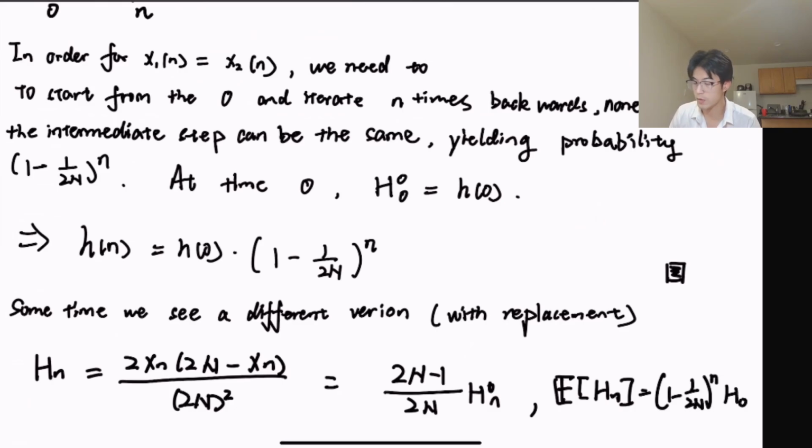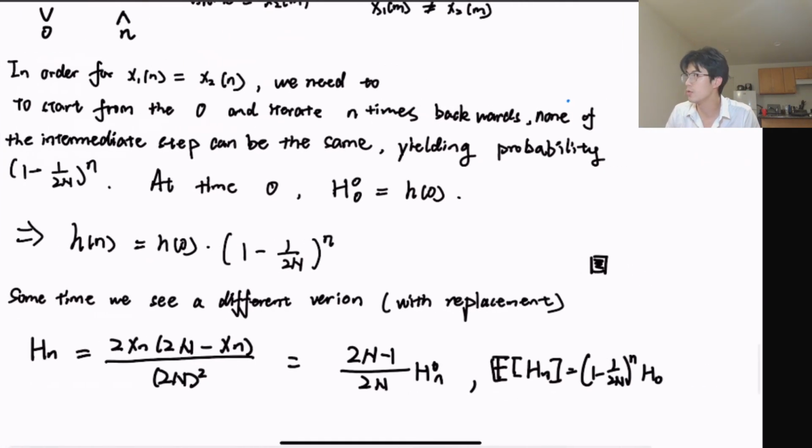But remember, this proof does not work the same as the previous one because we use that the probability of having different parents going backwards is 1 minus 1 over 2n, right? Okay, I think this concludes the course today, and next time we will be talking about Kingman's coalescent. All right, see you next time.